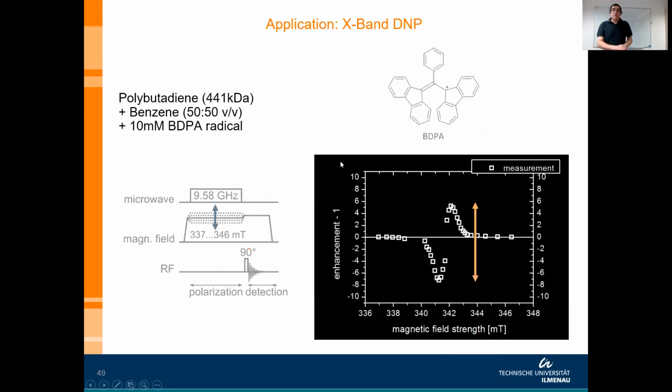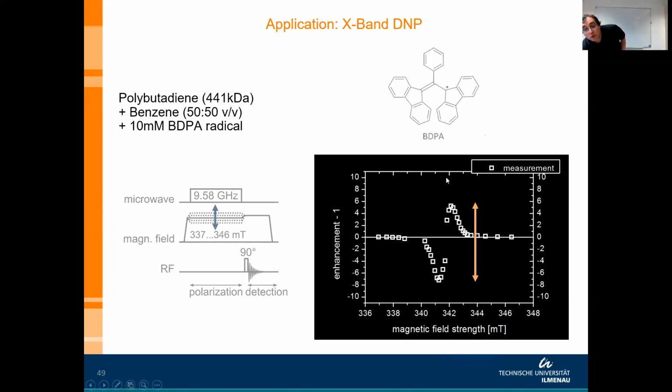And here's an example application where we have a polymer system, polybutadiene in benzene, and we add the BDPA radical. Let's see what happens when we perform this DNP, irradiating at a fixed frequency in X-band and changing the polarization field, giving our field cycling signal.